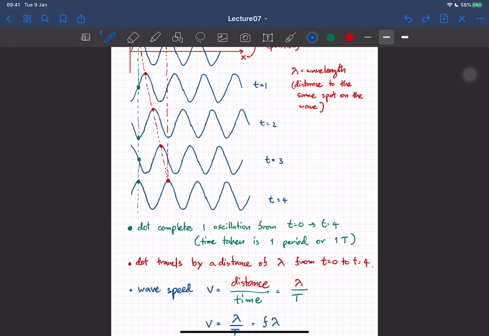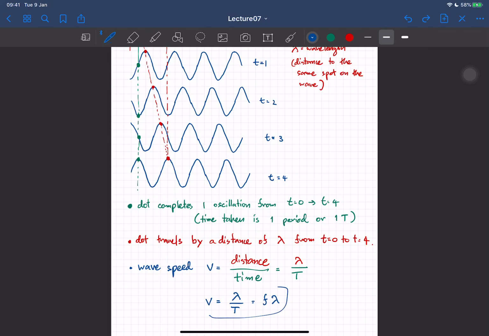So it's very important. I would say it's really worth remembering, because most of the time you will get asked what is the velocity of the wave if you know the wave frequency and the wavelength, or you're given the wavelength and the velocity, and then you're asked to find the frequency, right? So this is the one that you need to use.